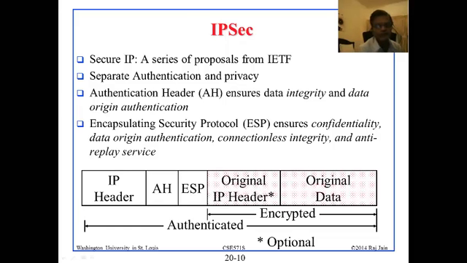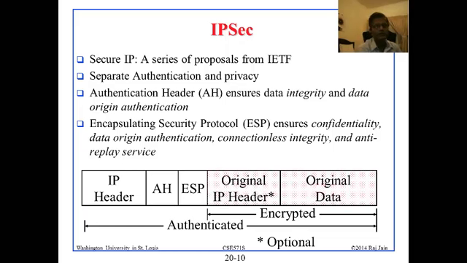So IPsec uses tunneling, as we will see in a minute. It's a series of proposals from the IETF, and it separates authentication and privacy. Authentication means guaranteeing that the packet has not changed, and privacy means encryption.